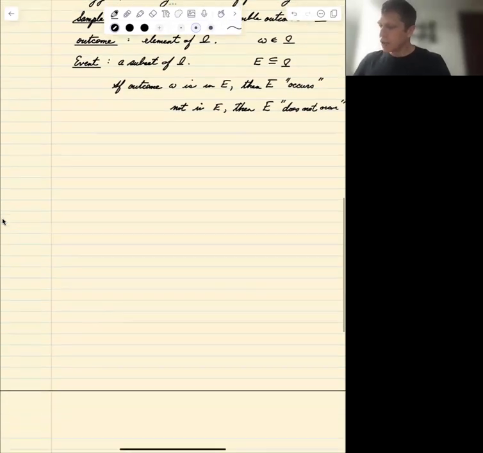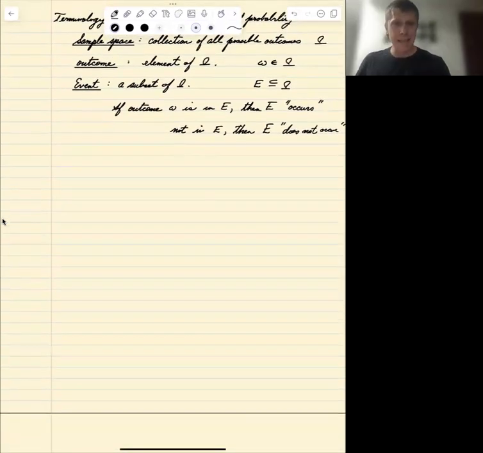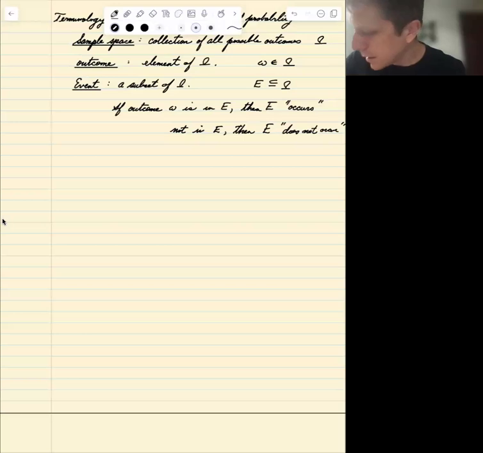Now, let's translate all of this into set theoretic language. Here's what we're going to do. We're going to have all different types of language. We're going to have event language, which is what we talk about in probability.